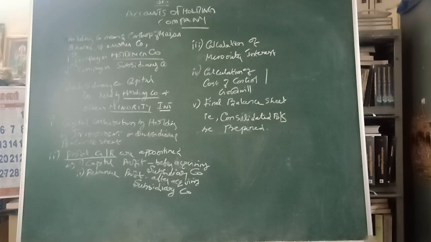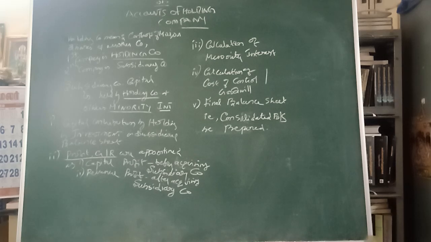Then point number 3 we should keep in mind, calculation of minority. Just now I told you majority of shares, that is the 51% of the shares are held by holding. Then what about the remaining share? A company having 100 shares, of that 100, 52 shares are held by holding.